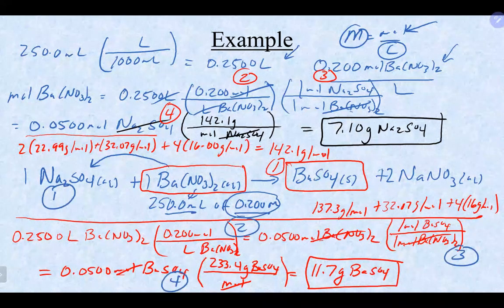So really the main difference with solution stoichiometry is somewhere along the way, either at the beginning or at the end, or both cases, you will use molarity to get the moles, and then you also will use molarity perhaps at the end to get volume, which is your 2 common things. Any questions on that there?